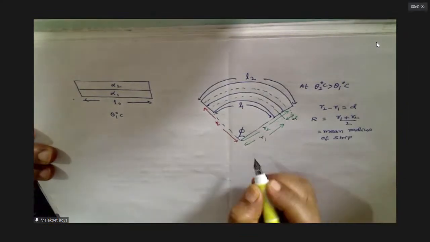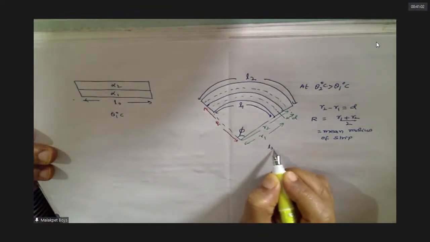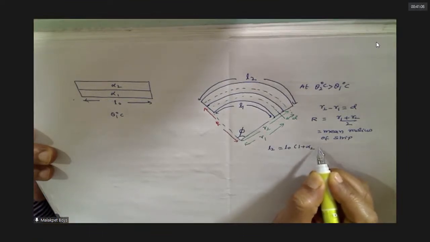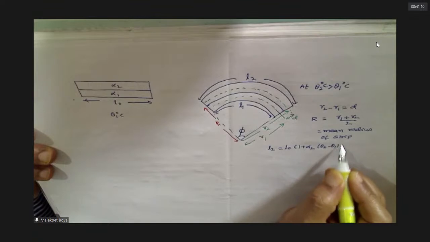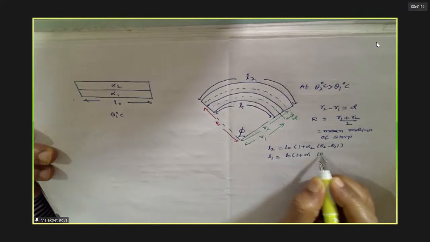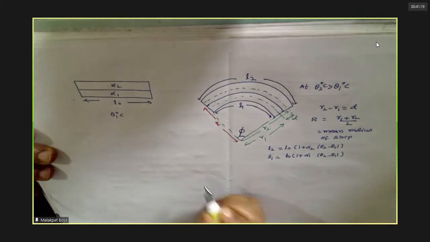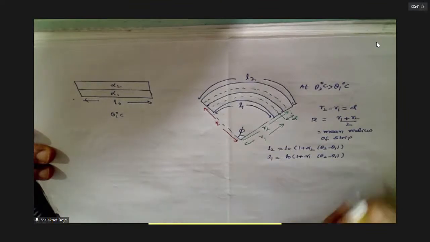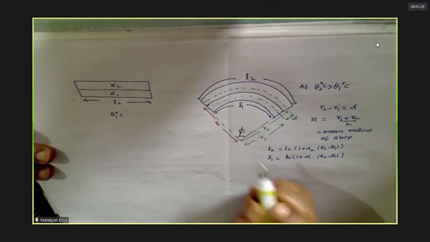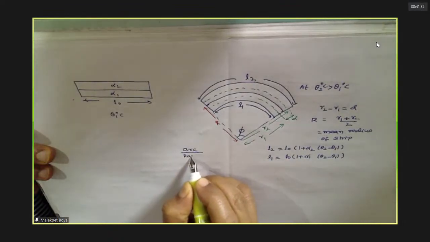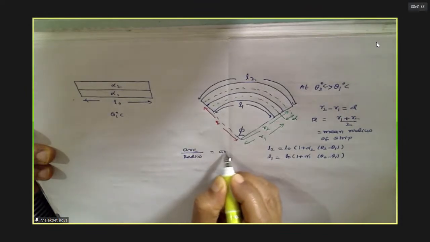Now you can see that, do you agree with this? And also you have seen arc by radius is how much? Angle, remember this?